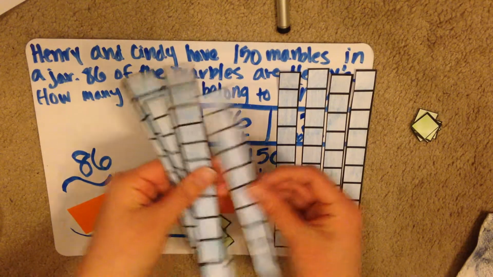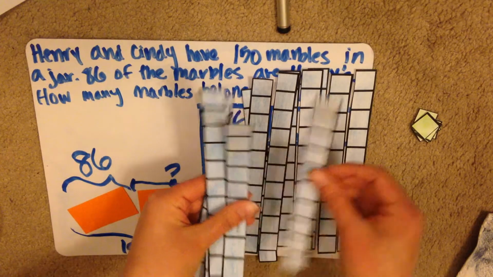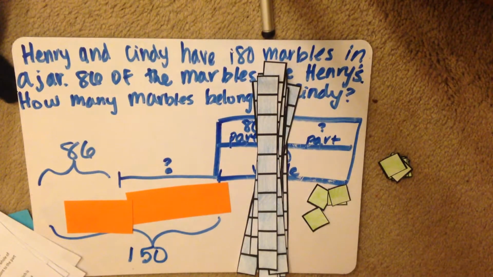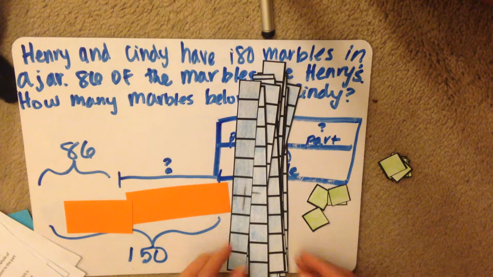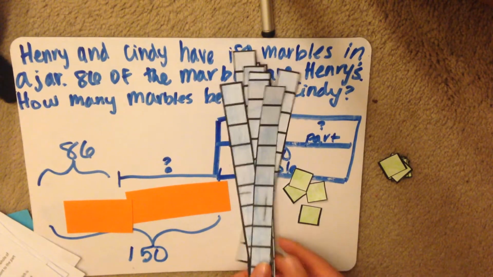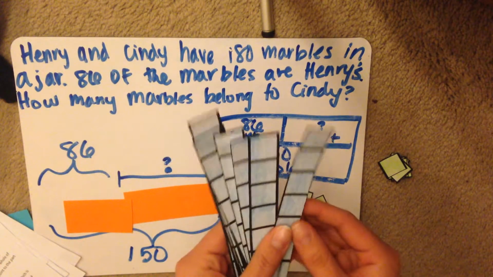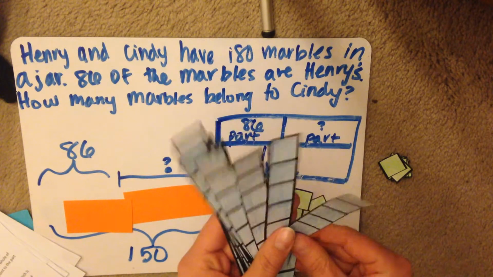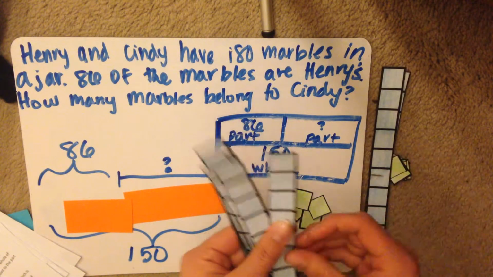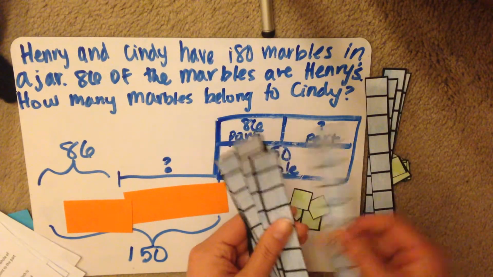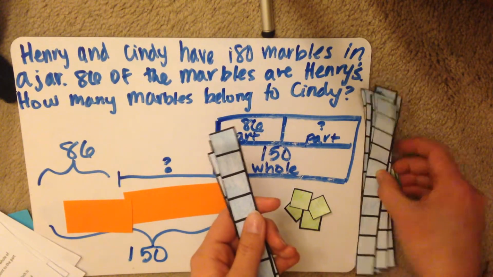So I'm going to go ahead and trade that in for 1, 2, 3, 4, 5, 6, 7, 8, 9, 10. Okay, now that we've regrouped 100 into 10 longs, I'm going to take them all, and now I can give Henry his 8 longs, which will give him 86. So we have 1, 2, 3, 4, 5, 6, 7, 8. Okay, so now this is Henry's.